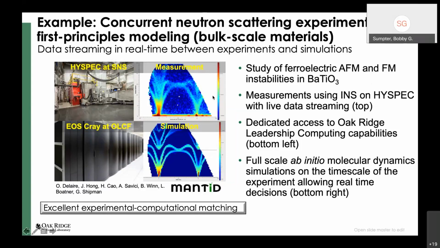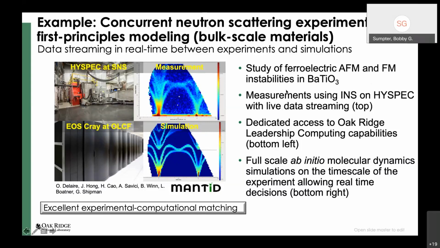And when this was done, it turned out that we found in the calculations immediately that there was a strong anharmonic or non-harmonic effect that affected this ferroelectric instability. But the experiment didn't see it. And the reason why the experiment didn't see it is because the alignment of the sample and the beam of this inelastic neutron scattering spectrometer was not correct for the phenomenon that is seen.